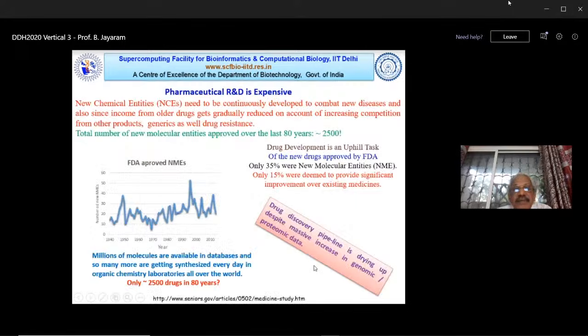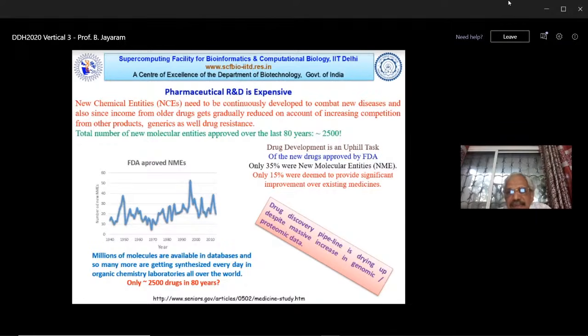And to summarize, how many molecules did we discover over the last, let's say, 80 years? Now it's a little bit surprising. Only 2,500 drugs. I was just mentioning a little while ago that you have millions of purchasable compounds available, and organic chemists are busy making more and more molecules every day. Now they're all coming in millions. Now only 2,500 drugs in the last 80 years.